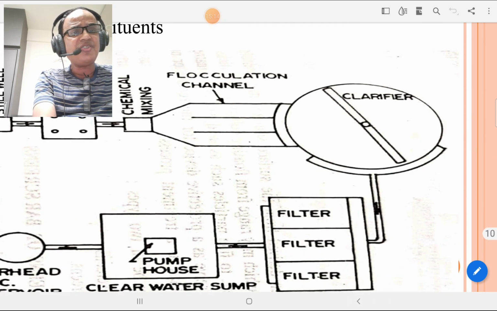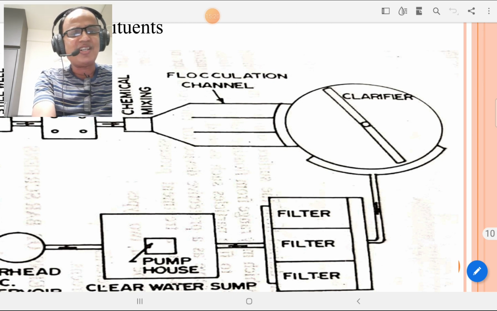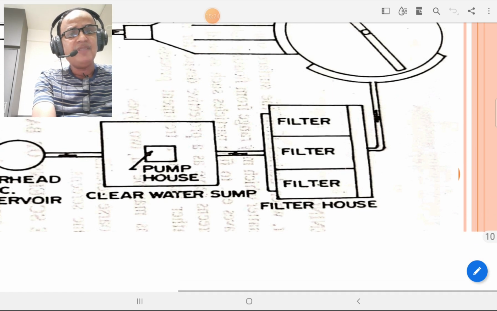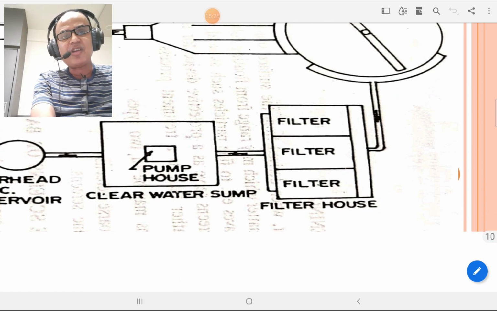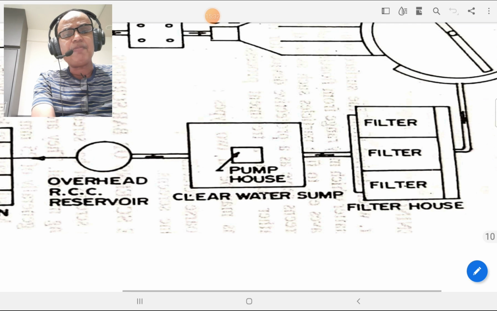After that flocculation channel, clarifiers are there to purify or treat the water. After that clarifier, water goes to the filter. The filter may be a slow sand filter or rapid sand filter. After that filtration, water goes to the clear water sump or the pump house.